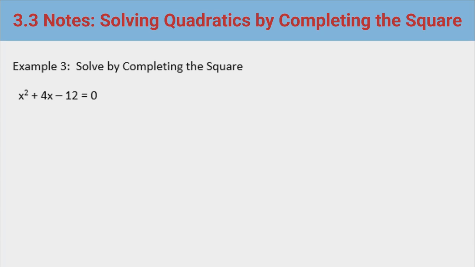So here I have x squared plus 4x minus 12 equals 0, right? So if I want to use perfect square factoring, I can move this subtract 12 to the other side.